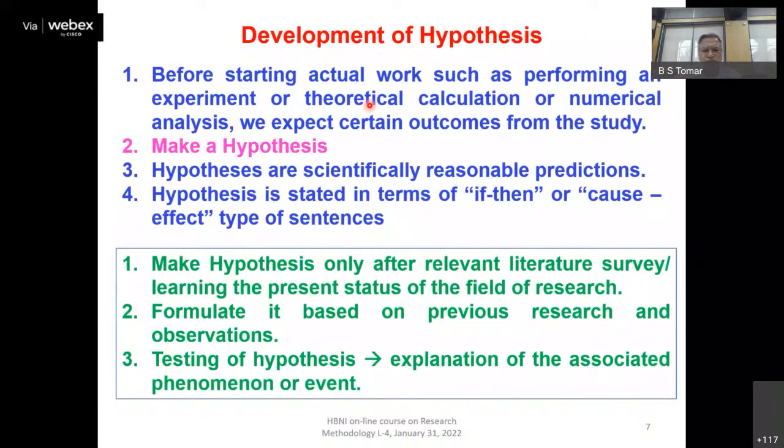When you test the hypothesis, you find either true or false, and you explain the phenomena. Suppose you say this cause does this effect. This is a hypothesis. If it does not give that effect, then the other one also may be true: this cause does not give this effect. So both aspects are there, but the hypothesis has to be a valid one.